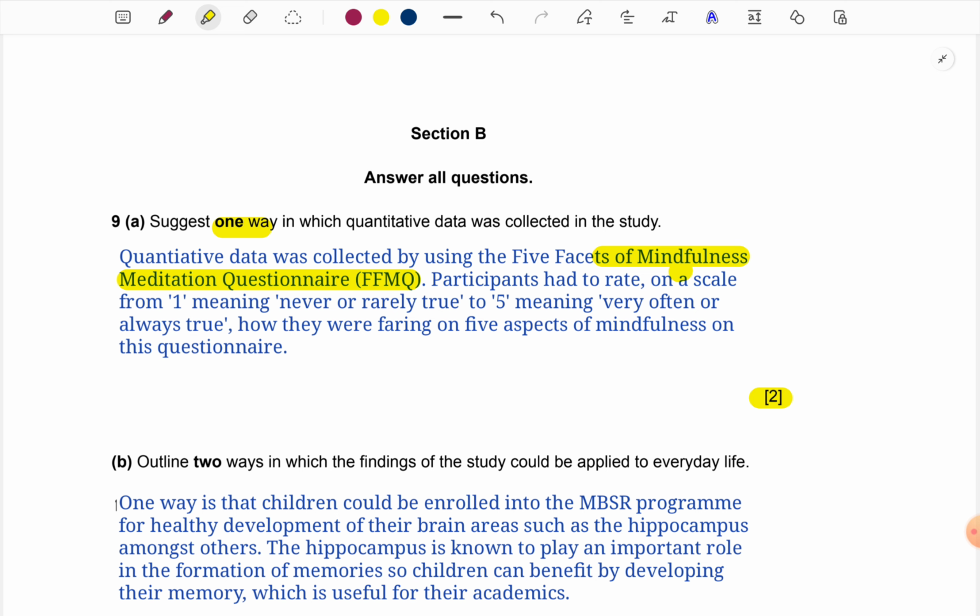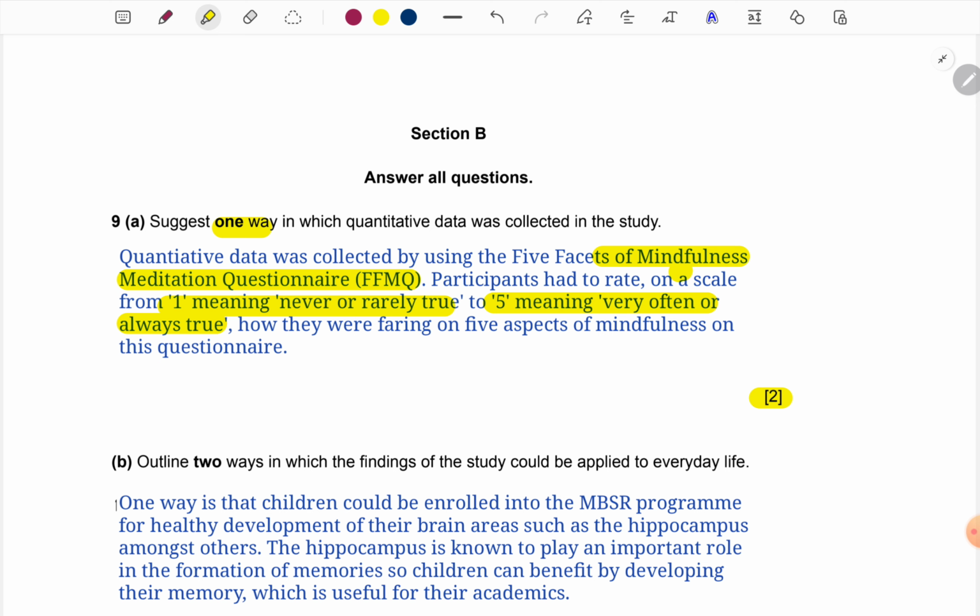So the way of collecting, or the justification why we are saying it's quantitative, is that participants just have to allot ratings. Now I can't just say allot ratings, I have to be specific and say what type of ratings they have to allot on FFMQ. So they have to rate from 1 meaning never or rarely true to 5 meaning very often or always true. This is how we justify.